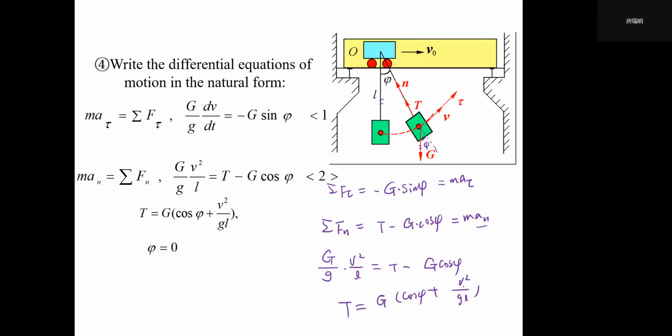So because all these things are constant, the maximum of T depends totally on this cosine phi. We know when phi equals 0, cosine phi has the maximum value of just 1. So when phi equals 0, we have T equal T max, and T max just equals this. See? That's how we use the differential equation of a particle and find the answer. So can you guys understand this problem?